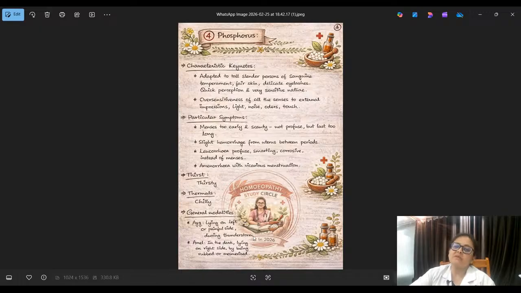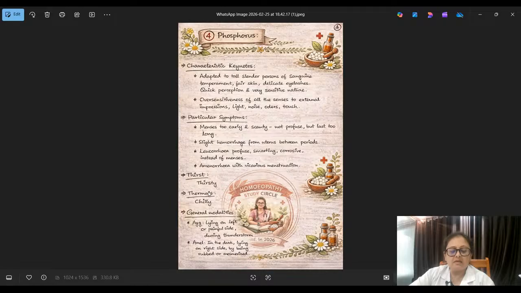Thunderstorm is a natural phenomenon and most people will not be affected by it, but such a small stimulus can cause such a strong reaction in a phosphorus patient. That shows that phosphorus is oversensitive to all impressions. Amelioration in the dark, lying on the right side, by being rubbed or mesmerized.